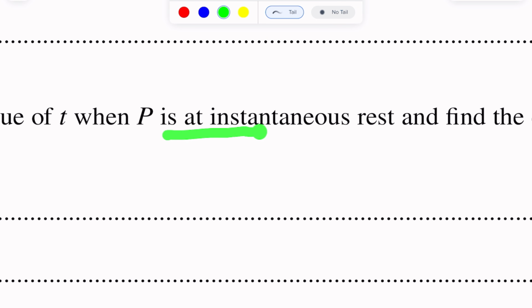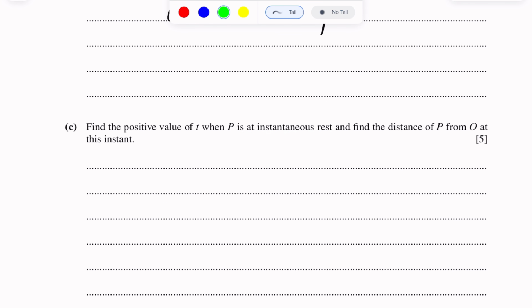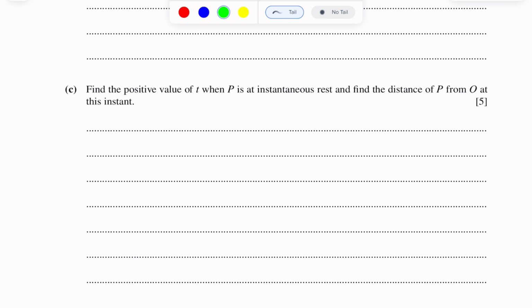P is at instantaneous rest means v is equal to 0 at this instant. So we can write v is equal to 0.